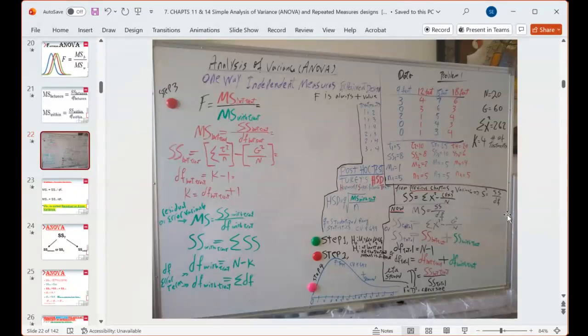Number of treatments or groups, we have 4 groups, and each group gets different treatments. In the previous example, I talked about 3 different types of therapy, so K is 3 different types of treatment. In this example, this is about preference of people watching big screen TV.